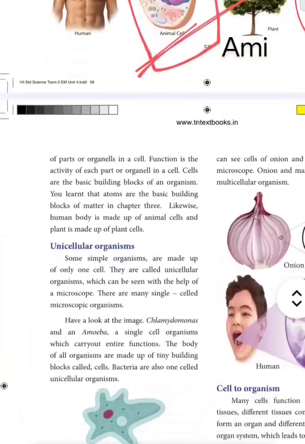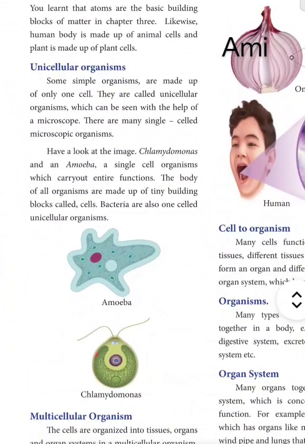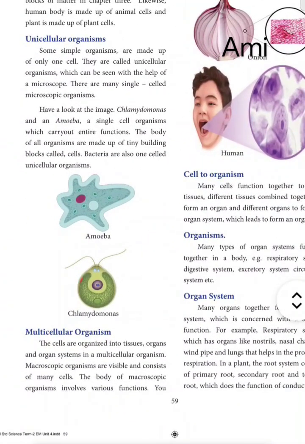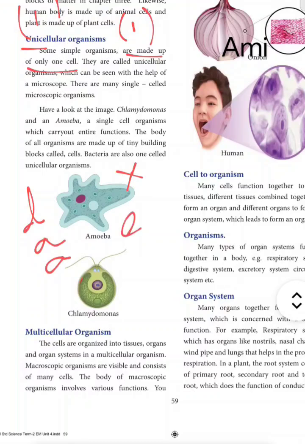So now we are going to see the difference between unicellular and multicellular organism. Unicellular are those which are just made up of a single cell. As the name suggests, uni means one. So here there is no division of labor. All kinds of activities like digestion, absorption, assimilation, and excretion should be done through the help of a single cell.